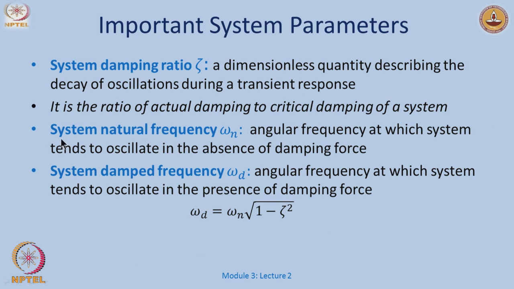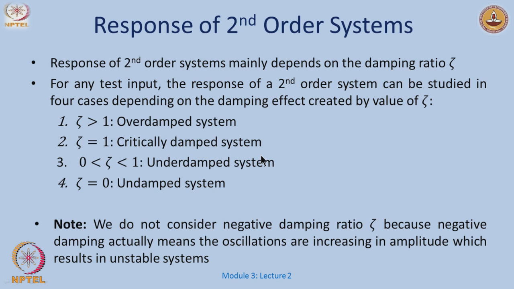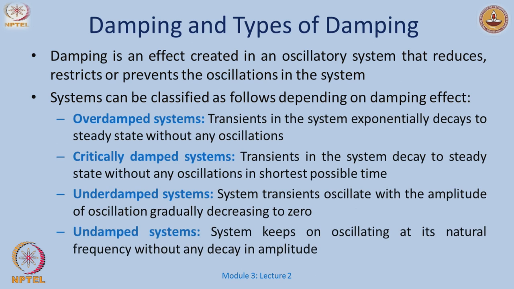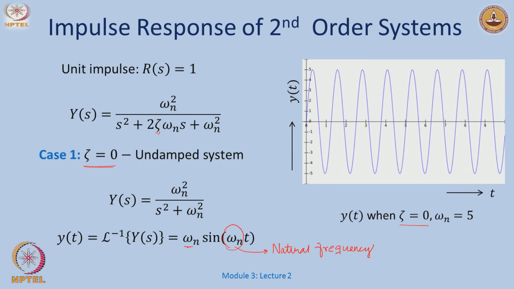Yeah, the system natural frequency: the angular frequency at which the system tends to oscillate in the absence of damping force. That is exactly what we did now. There is no damping force, zeta disappears, and then naturally my system just oscillates. So, this is the natural frequency when there is no damping.